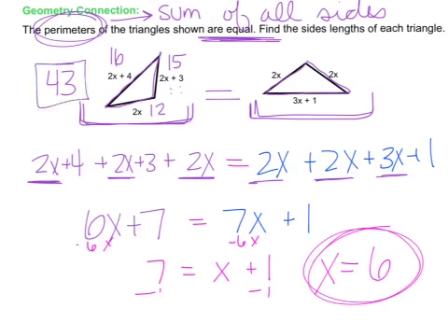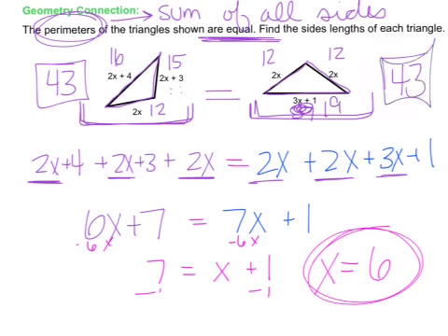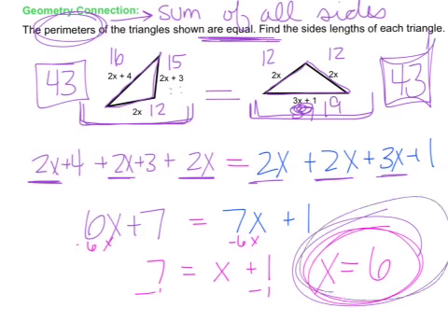And then on the other side, we have a 12 plus 3 times 6, which is 18, plus 1, which gives us a grand total of 43 also. So we checked it, we're correct. X does equal 6.